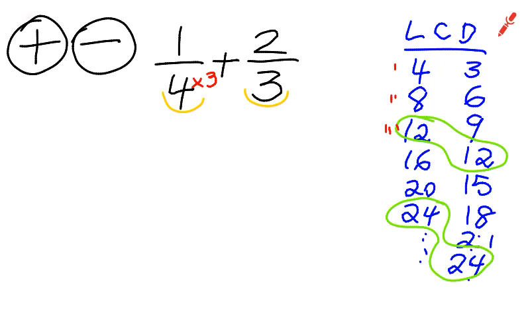As soon as we do that, we have to do exactly the same to the top, because we must maintain the proportion here. Now we have 1 times 3 is 3, 4 times 3 is 12, as we wanted.